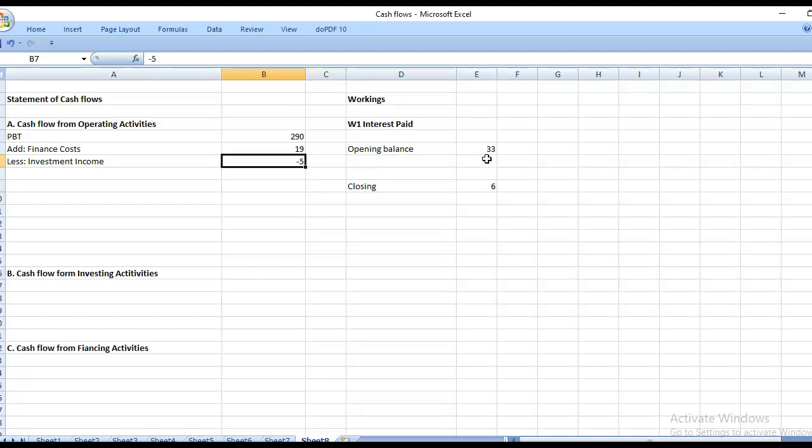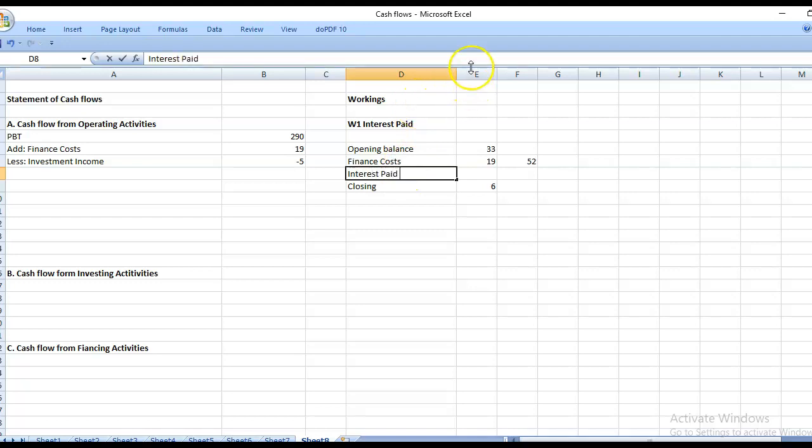Okay, and how much is there in my PL? 19. So 19 is in my PL. What this means is I already was supposed to pay 33 regarding interest. This was an interest payable. Already I had to pay to the outside parties. Further, this year I incurred 19 more. So total, how much do I have to pay to the outside parties? 52. However, how much actually remains in terms of payment is only 6. So how come a 52 payable has become 6? Because probably you have definitely made some interest payment in the year.